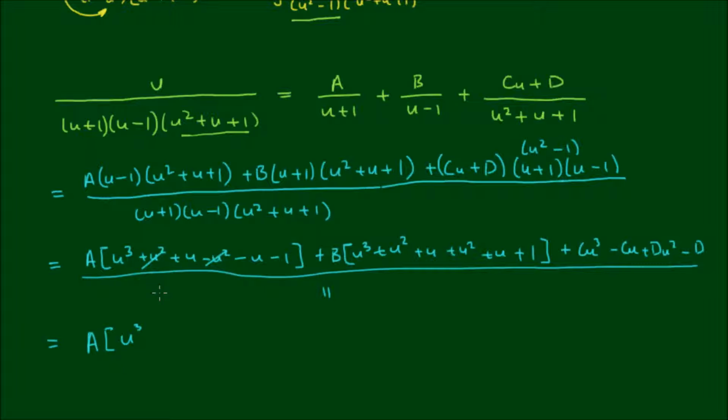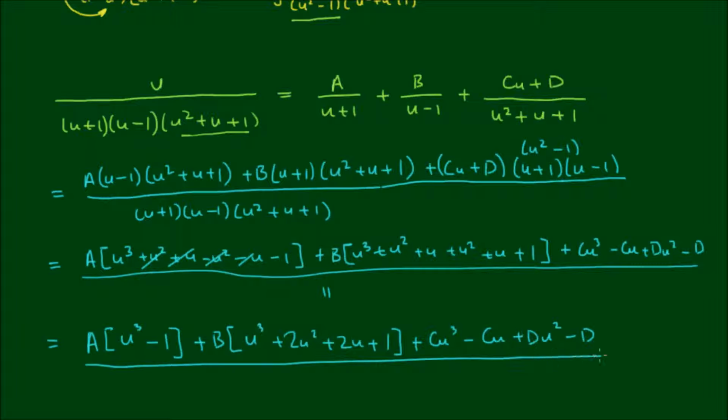These u squareds take each other out, and these u's will take each other out, so we'll get a outside of u cubed minus 1 plus b u cubed, and u squared plus u squared gives us 2u squared, u plus u gives us 2u plus 1, and we're left with cu cubed minus cu plus du squared minus d, all over as per the expression above.